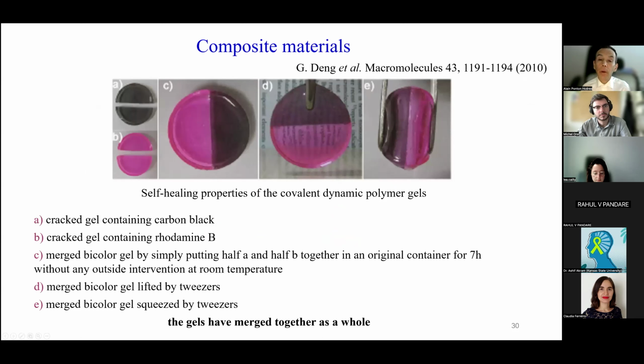Some examples from the literature, and then I will show you some results of research developed in the laboratory.